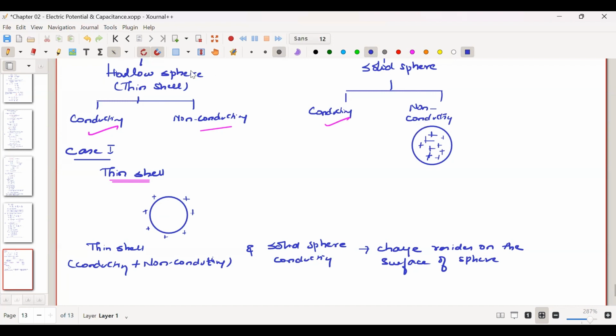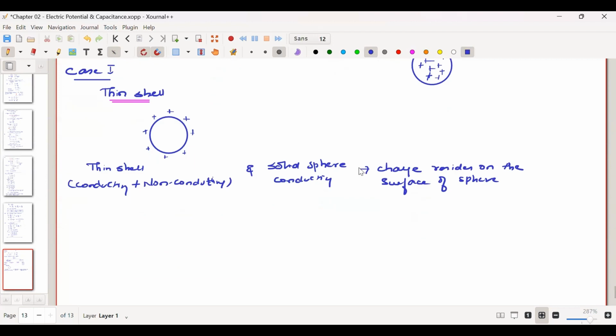Whereas in the case of a conducting sphere and thin shell, where it is empty inside, charges do not reside inside. It will always reside on the surface. Is that clear? So that is why the behavior would be very similar for all the three, because the charges will reside only on the surface. We will take case by case.